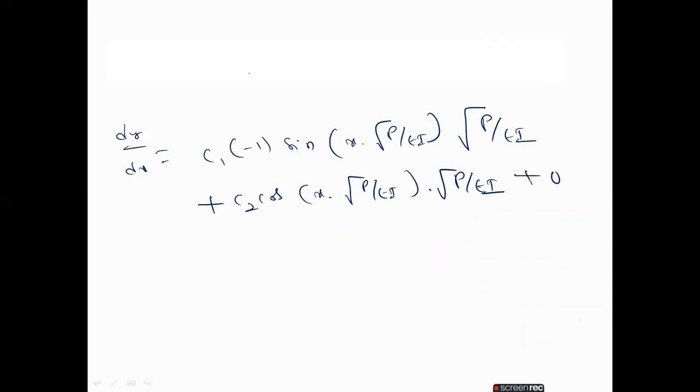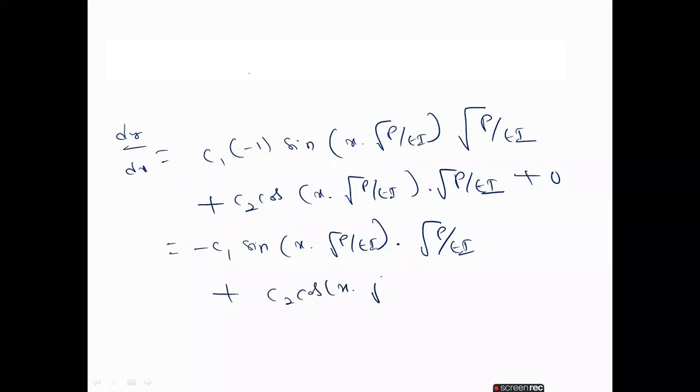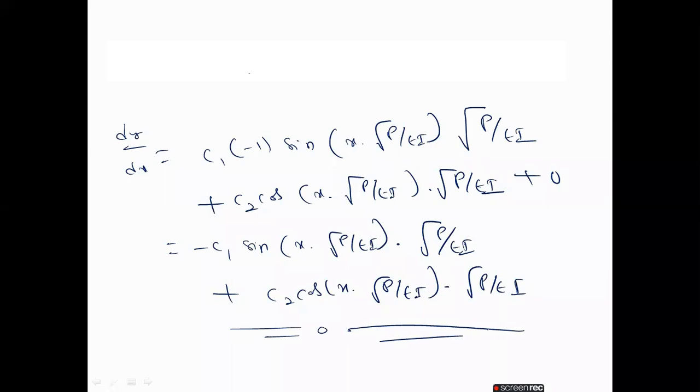So this is the differential equation: minus C1 sin x square root of P by EI multiplied by square root of P by EI, plus C2 cos x square root of P by EI multiplied by square root of P by EI.